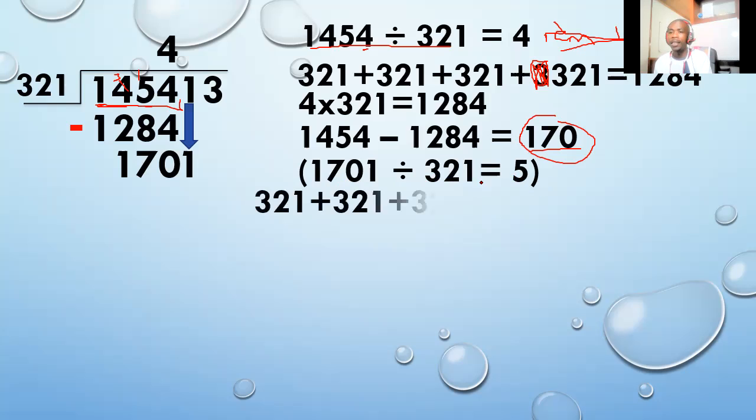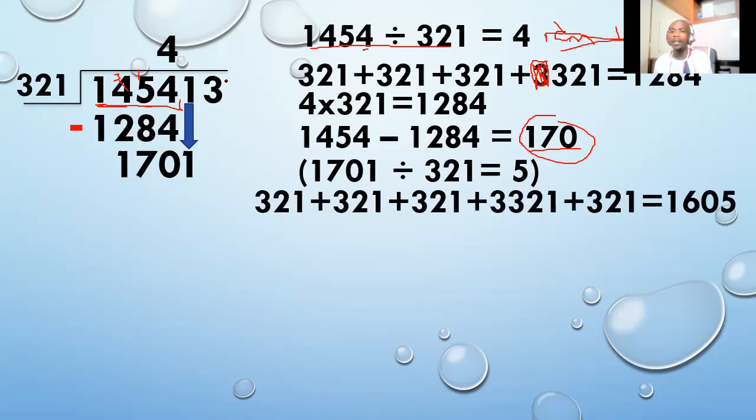So we write the 5 here. 5 times 321 is this one. 321 plus 321 plus 321, all 5 of them, they give us 1605.